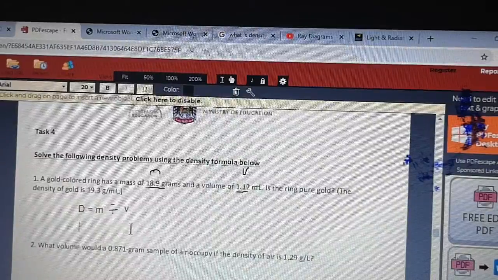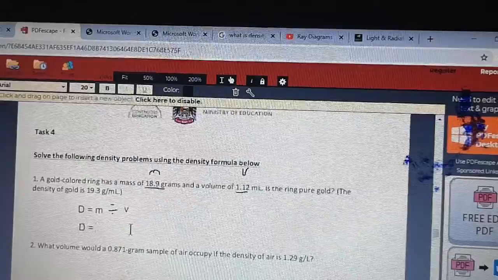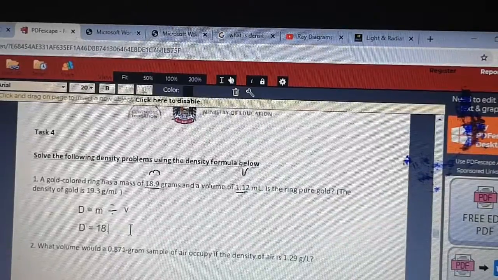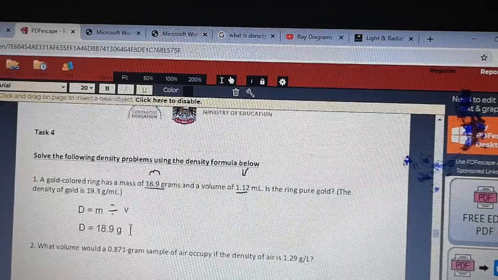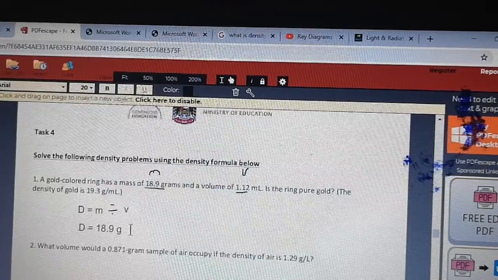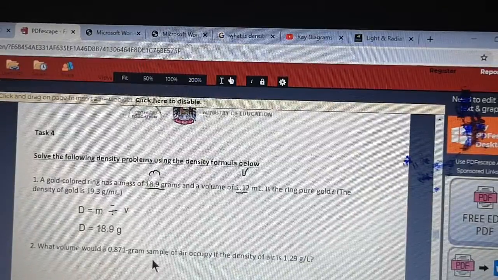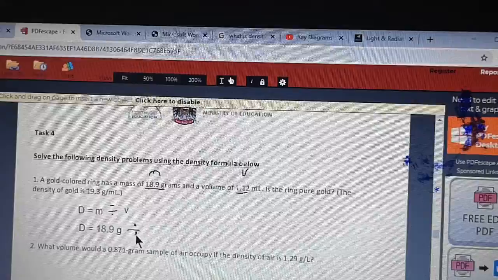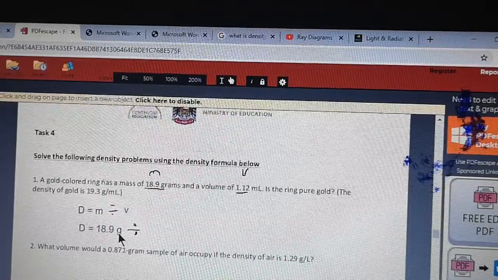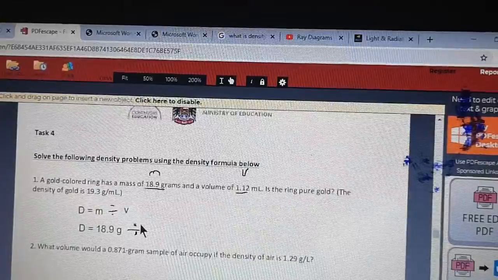So instead of writing in letters, I can say D now equals 18.9 grams divided by 1.12 milliliters. We don't usually put the letter in, but we will for this first one.